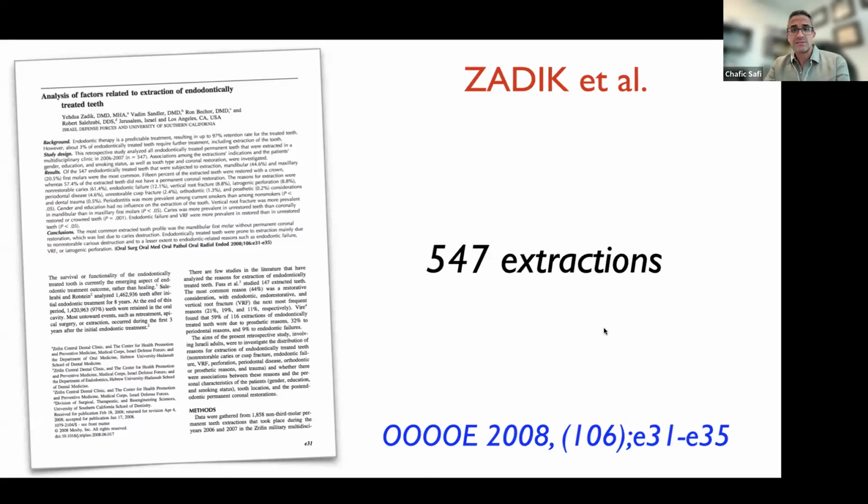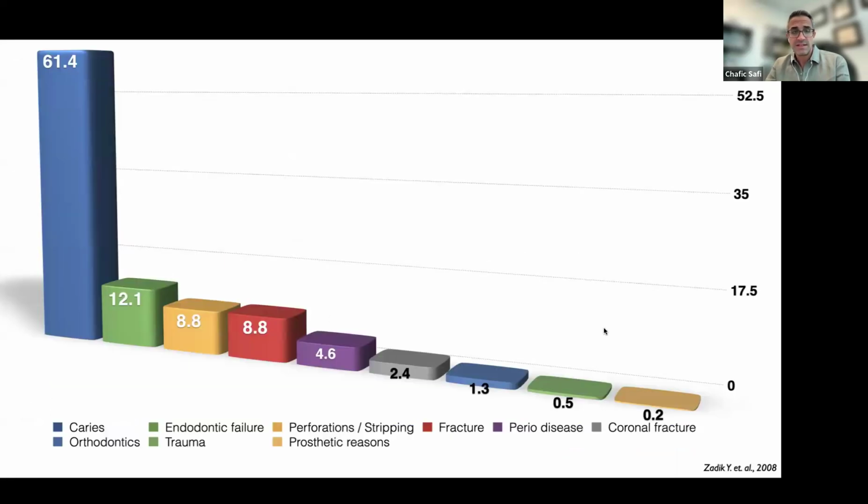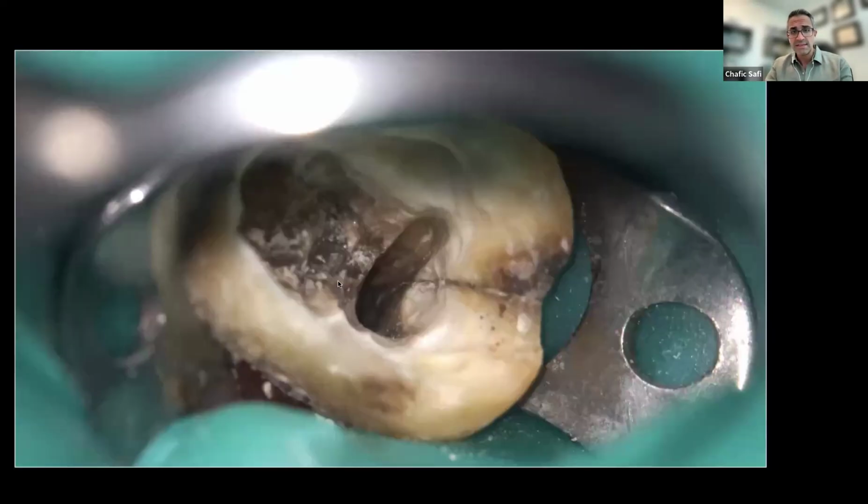This study looked at 547 extractions of endodontically treated teeth, and about 9% of these teeth were extracted due to fracture. Of course, there are other reasons such as periodontal disease, coronal fracture, trauma, caries, etc. But 9% of the time, when a root canal treated tooth has been extracted, it's due to a fracture or a cracked tooth. And this is what it looks like.